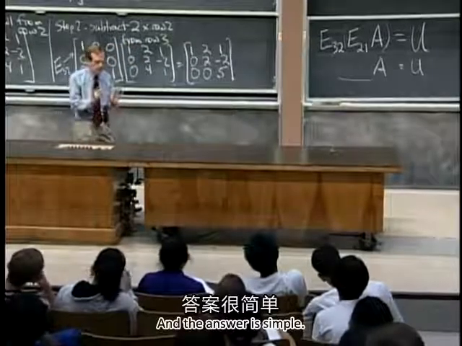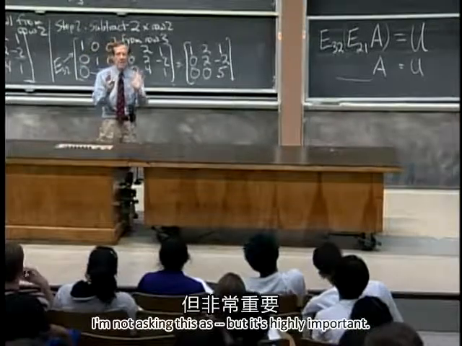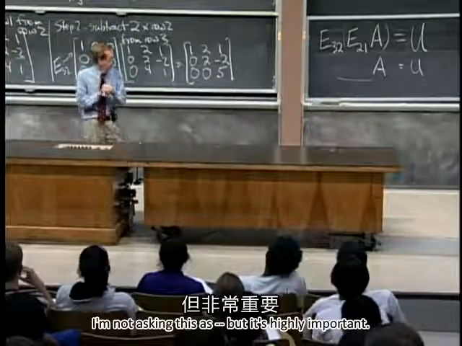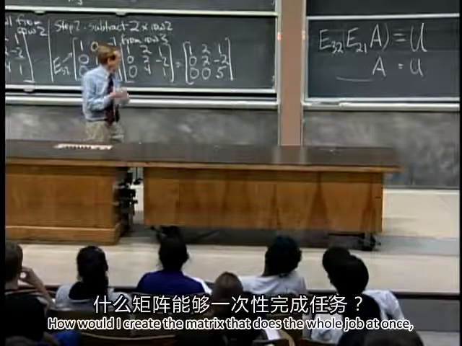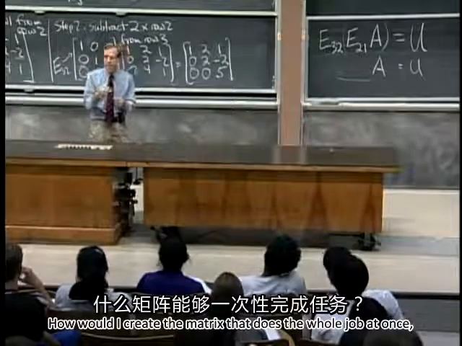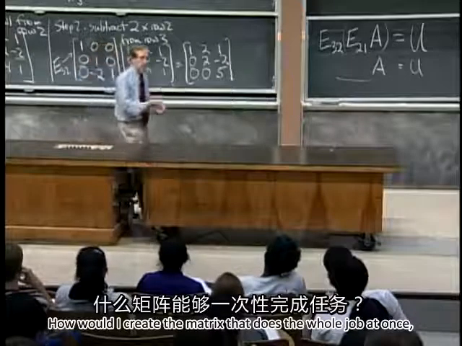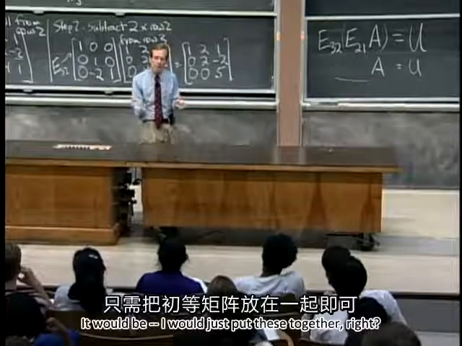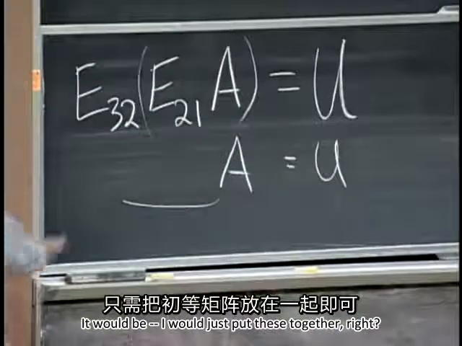The answer is simple. I'm not asking this, but it's highly important. How would I create the matrix that does all of elimination in one shot? I would just put these together, right?